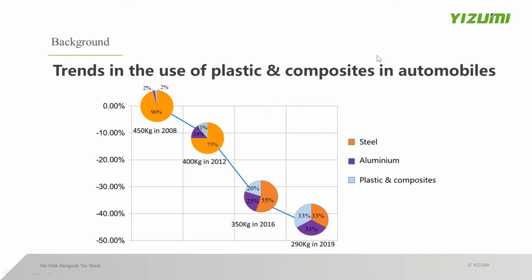At the beginning, as before, we used almost all steel in the cars, but it has decreased step by step. Now it's 33% steel and 13% plastic and composite.